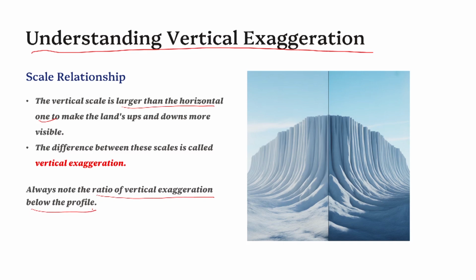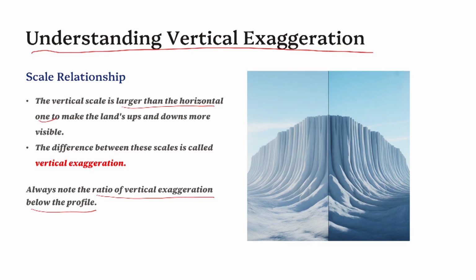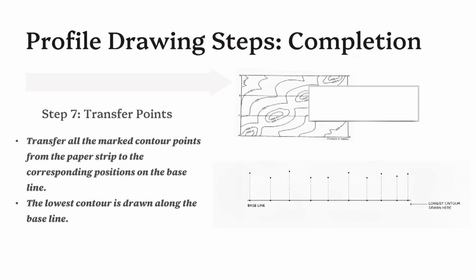So, when we draw the profile, you want to get an idea of the minimum and maximum elevation of the area. Based on that, you can draw a vertical line. The horizontal line is where the contours cross, showing how many different elevation lines there are, whereas the vertical line exactly represents the altitude from the mean sea level.